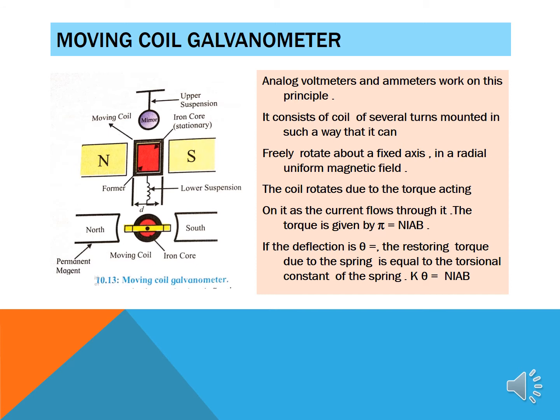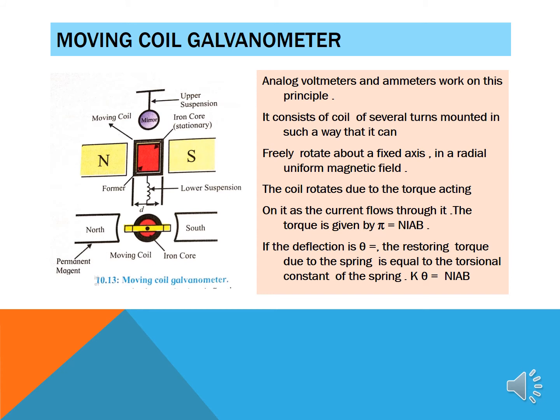Let me talk about the construction of this moving coil galvanometer. It consists of a coil of several turns mounted in such a way that it can freely rotate about a fixed axis. A soft iron cylindrical core makes the field radial and strong. The coil rotates due to a torque acting on it as the current flows through it.